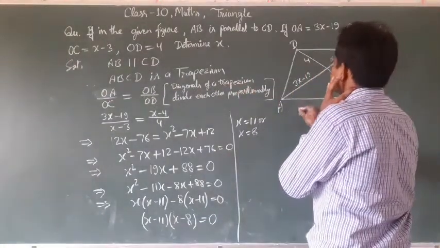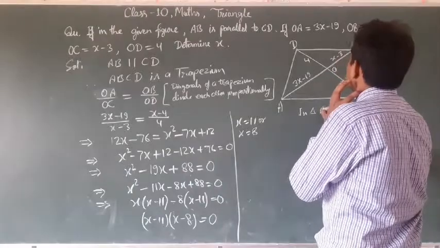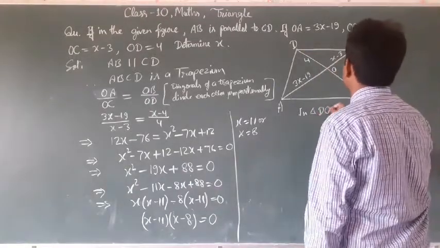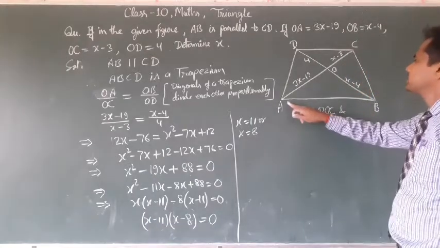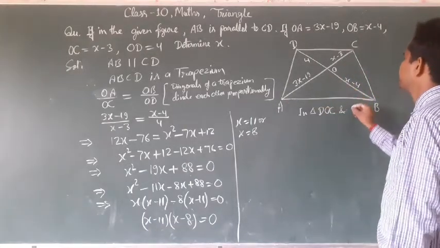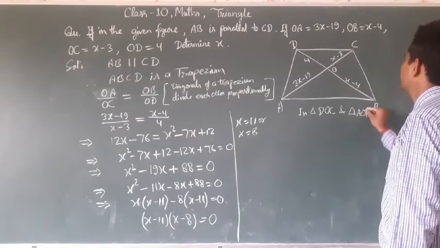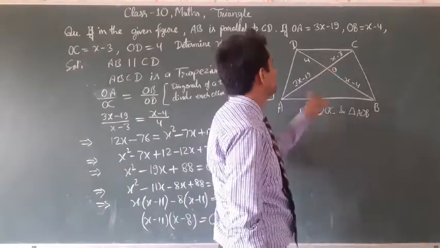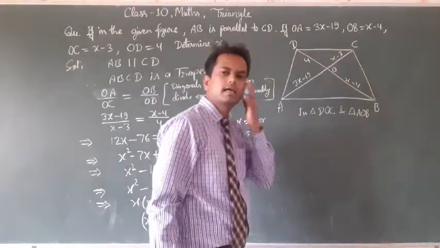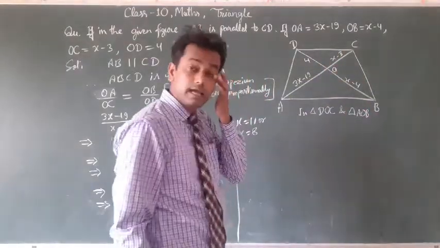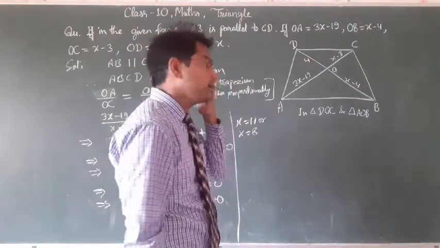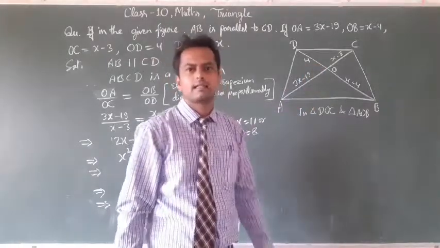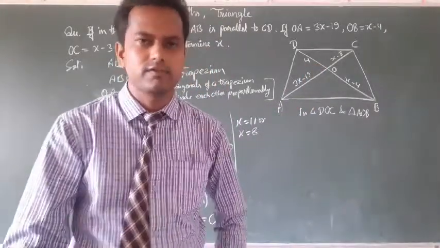So first take triangle DOC and take triangle AOB. In both triangles AB is parallel to CD, and you know that if two lines are parallel to each other and one line intersects the two parallel lines, then that line is called a transversal.